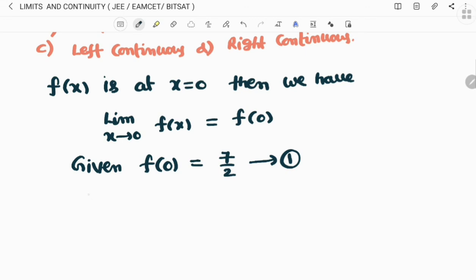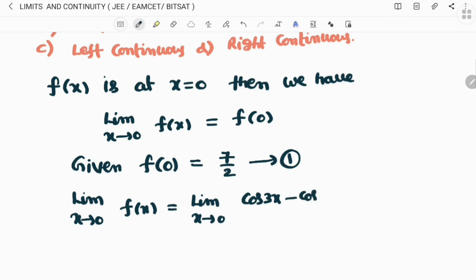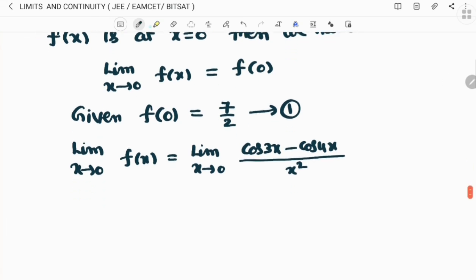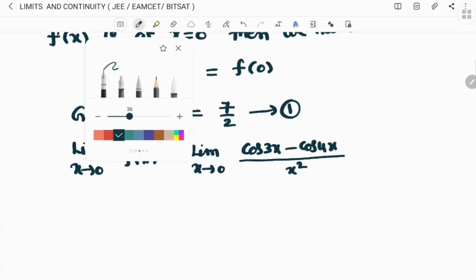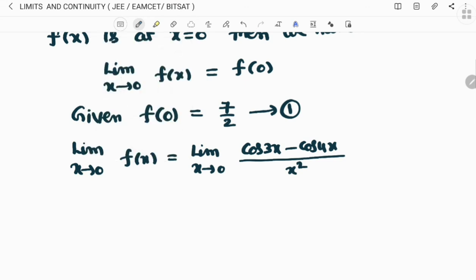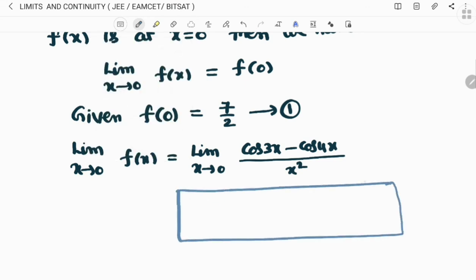So now considering limit x tends to 0 of f of x, which is equal to limit x tends to 0 of cos 3x minus cos 4x divided by x square. We have one shortcut formula here, which we already discussed in limits.